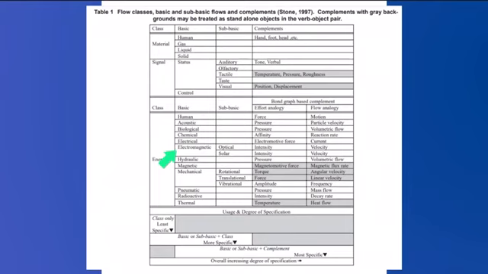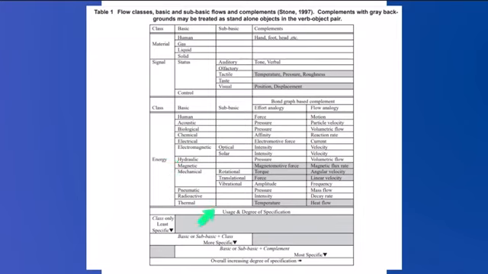And then the flow of energy is given here: human, acoustic, biological, chemical, electrical, electromagnetic, hydraulic, magnetic, mechanical, pneumatic, radioactive and thermal. So this is the example of flow of energy.